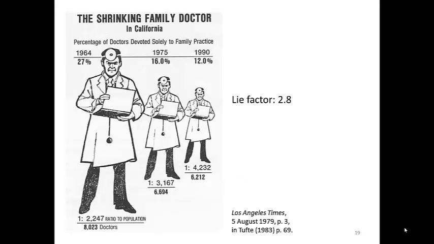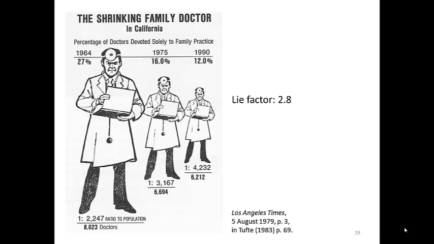To give you an example, here is the shrinking family doctor graphic from the LA Times in 1979. The percentage of doctors devoted solely to family practice. We've got this change over time, and it's projecting that by 1990, only 12% of doctors in California will be doing family GP work, okay? They've got data from 1964 and 1975, and they're projecting to 1990.